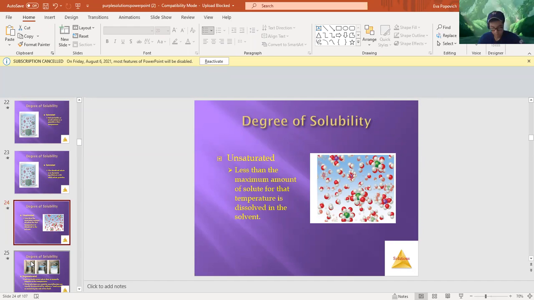Come on, with the Ethan. The one with the solid on the bottom, because they're solid on the bottom, the liquid can't take no more. So if you see a solution with solid on the bottom, it's going to be saturated. If you see a solution with no solid on the bottom, it's unsaturated.